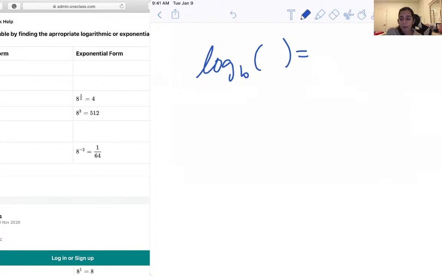So one thing that you have to remember is that y is equals to x is one form, and then base to power y, oh, sorry.